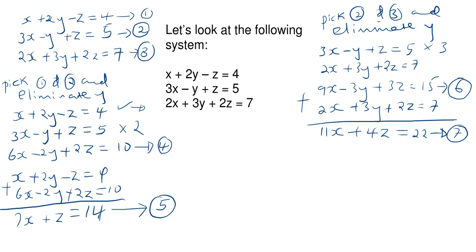Now, as you can see at this step, we have our equation 5 and our equation 7. Both of these equations have only x and z. So we can use either method, either substitution or elimination, to get x and z.